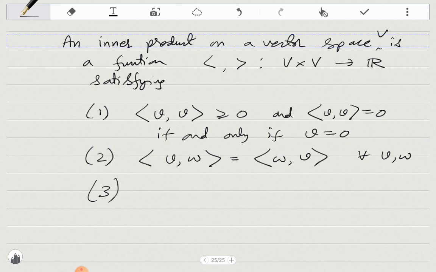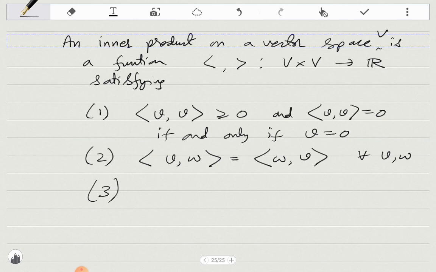The third property is that this inner product is supposed to be linear whenever we fix one of the vectors. The input for an inner product is two vectors. If I fix one of the vectors, I get a function from V to R, and that should be linear.